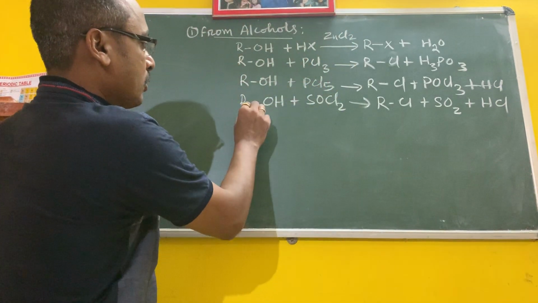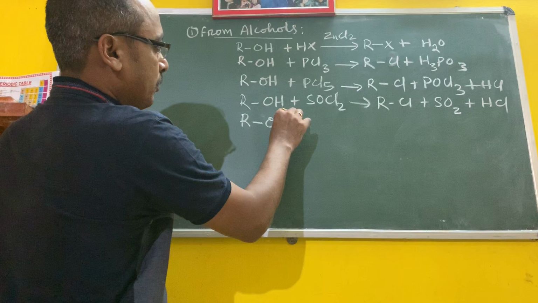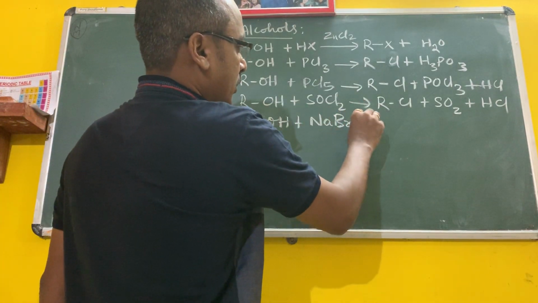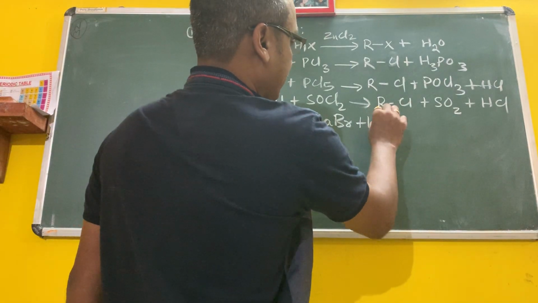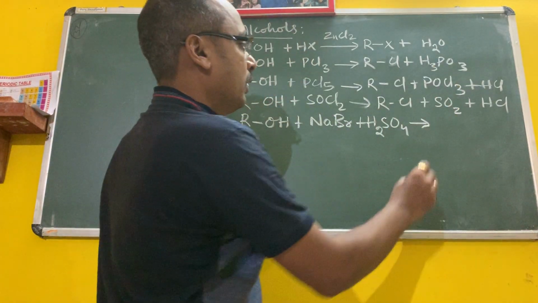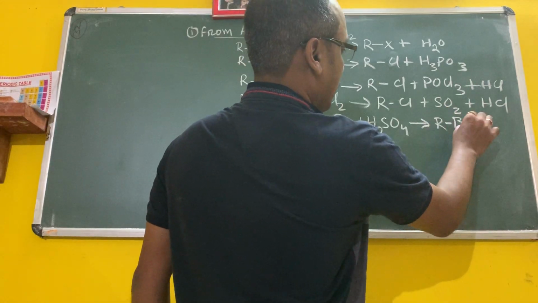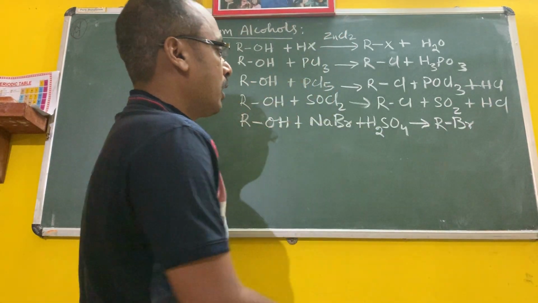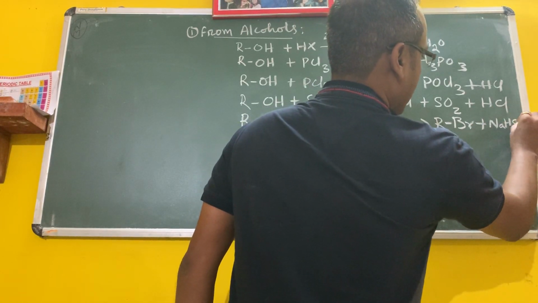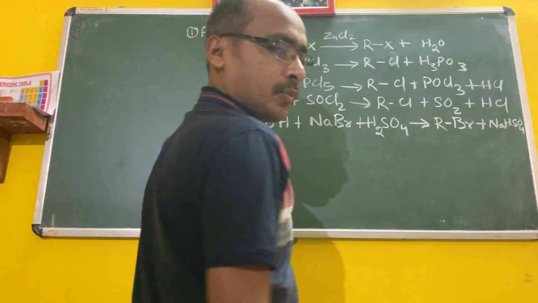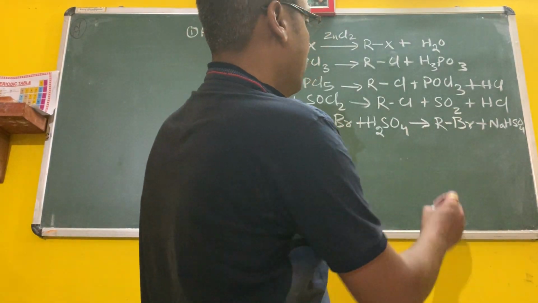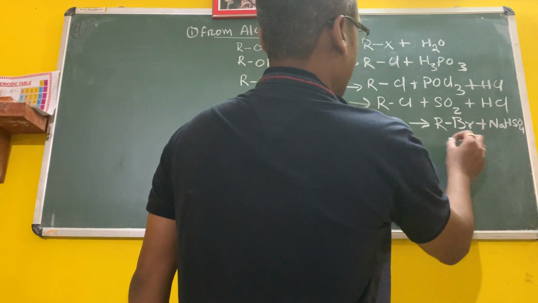Then the last one is your ROH plus sodium bromide, NaBr, in presence of sulfuric acid, gives, what is the halogen here? Bromine, RBr plus NaHSO4, sodium hydrogen sulfate or sodium bisulfate, you can say, plus H2O.